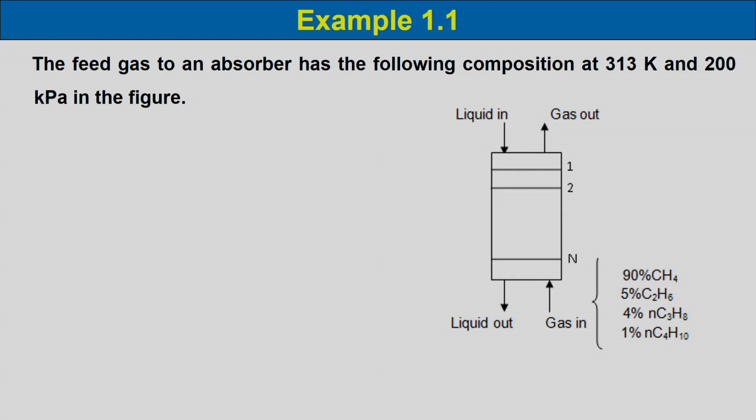Let us take an example to calculate different concentration terms. The feed gas to an absorber has the following composition at 313 Kelvin and 200 kilopascal, as given in the figure. The composition is 90% methane, 5% ethane, 4% normal propane and 1% normal butane.